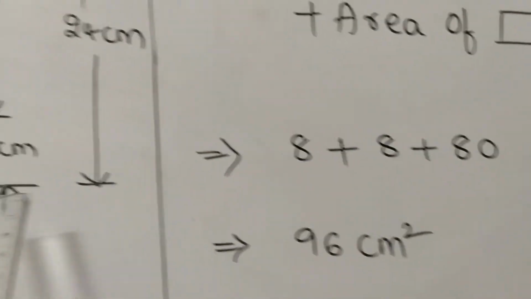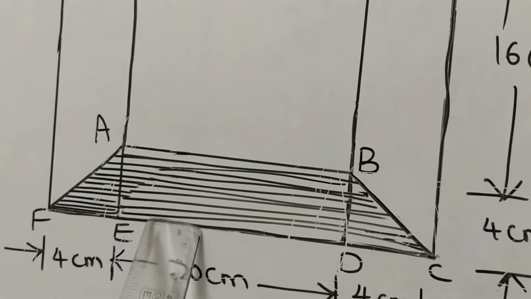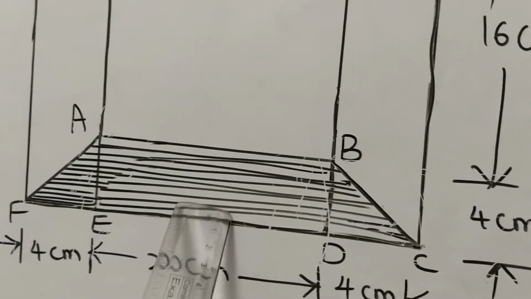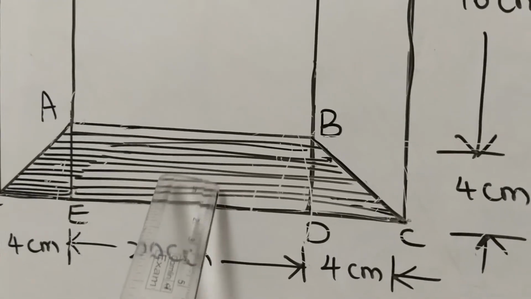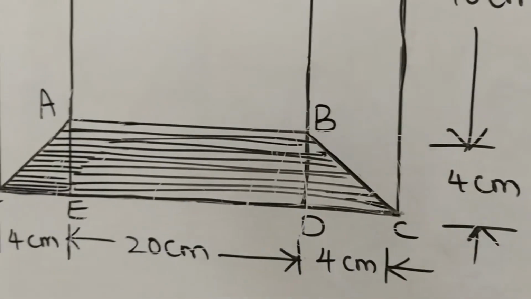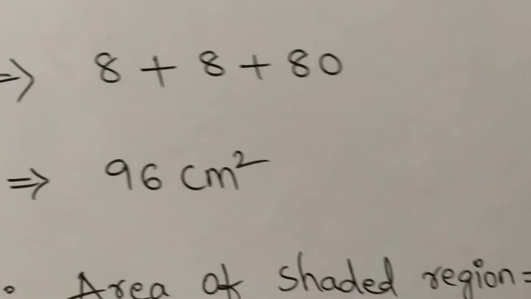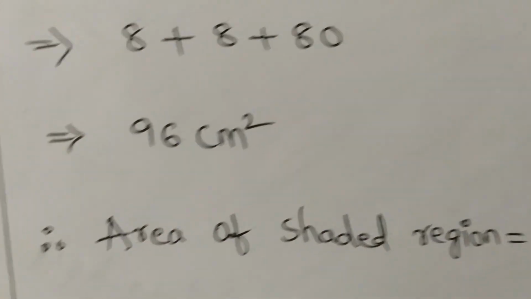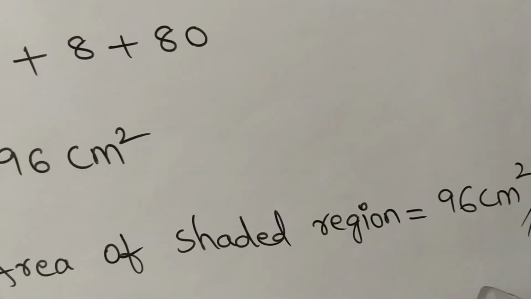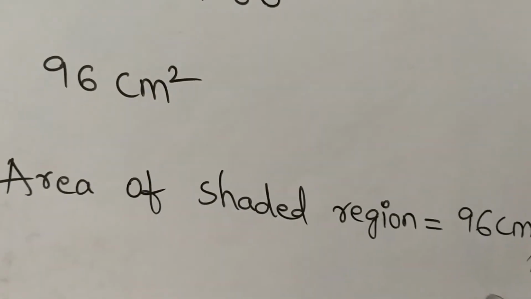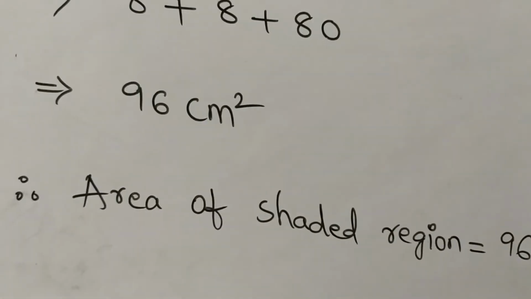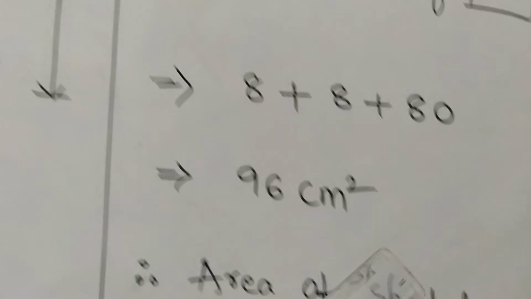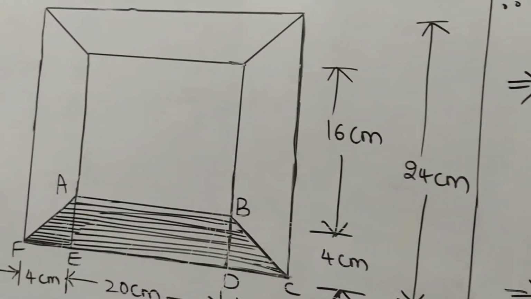So therefore we can say the area of this shaded part is 96 centimeter square. Like this you have to find the area. In the last, write: area of shaded region is equal to 96 centimeter square. This is the solution of the fourth question.